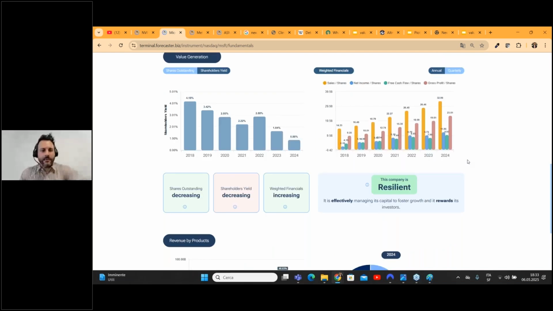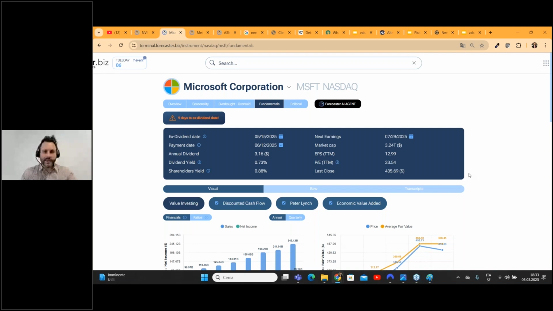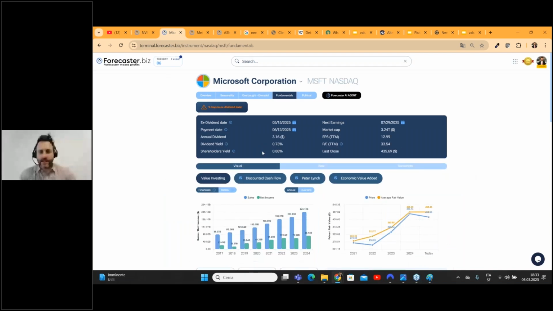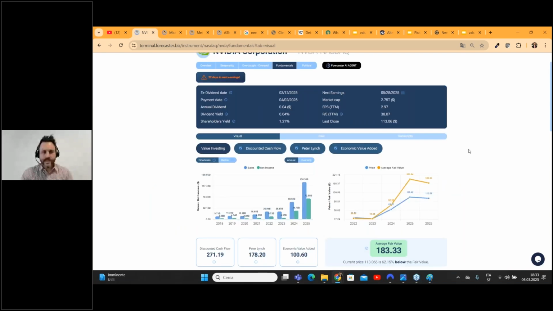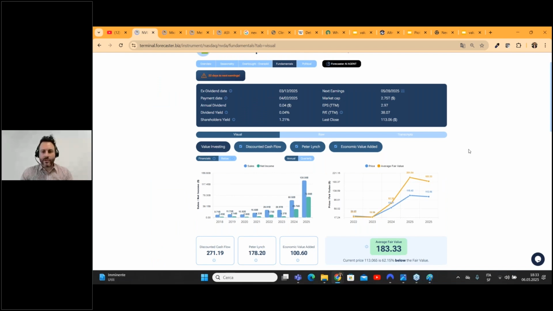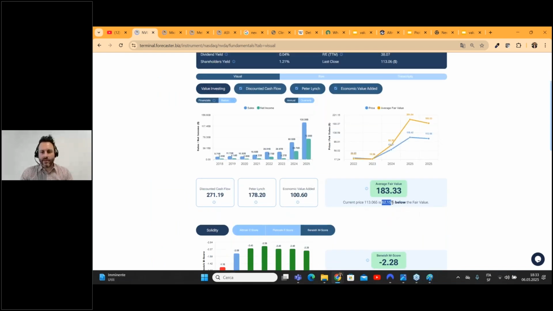Guys, talking about Nvidia or Microsoft, let's talk about Nvidia, which is the example we would like to make. As I told you, first of all, we can see the under or overvaluation. In this case, we have an undervaluation of 62%, which is very interesting.